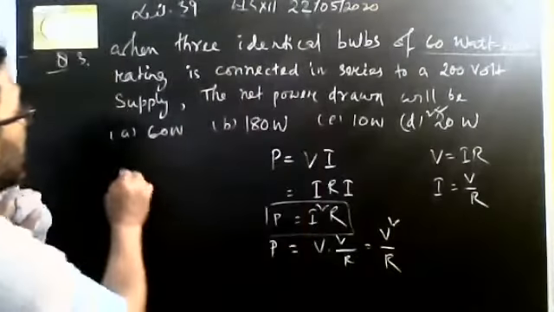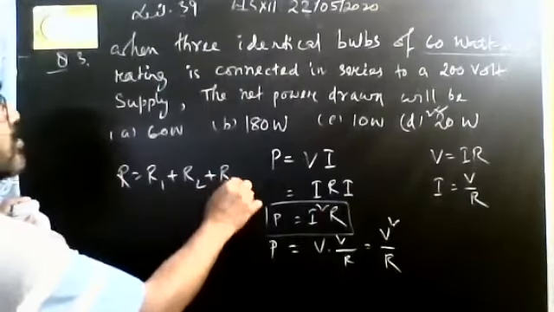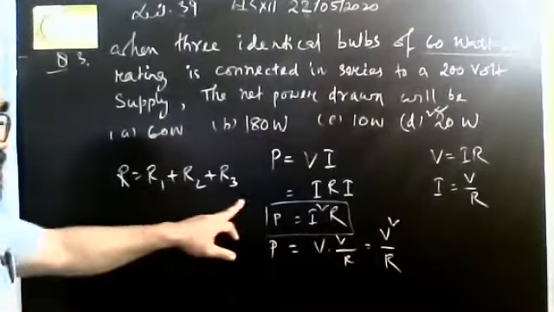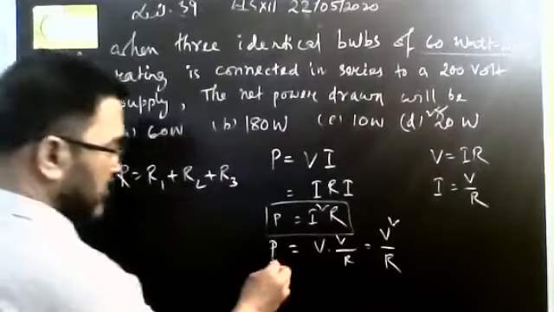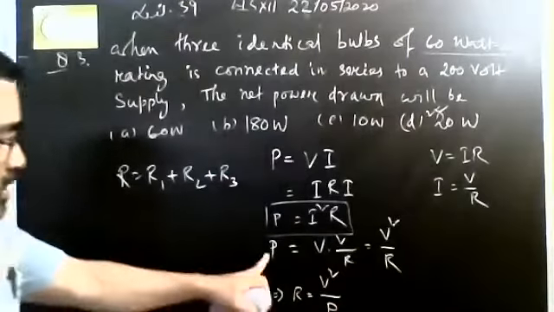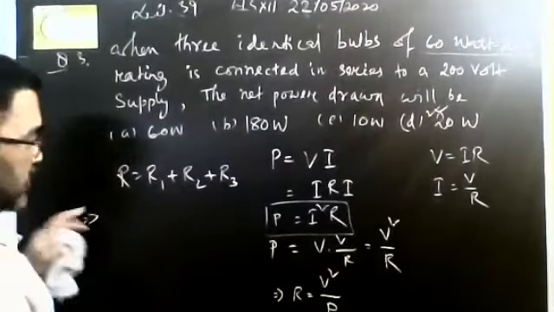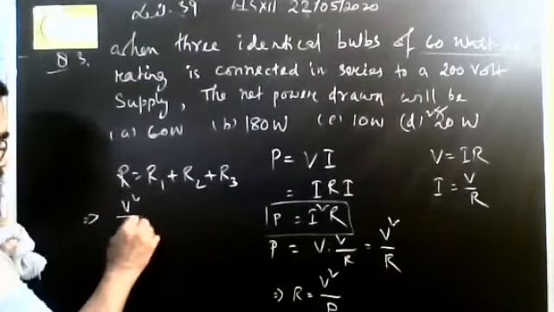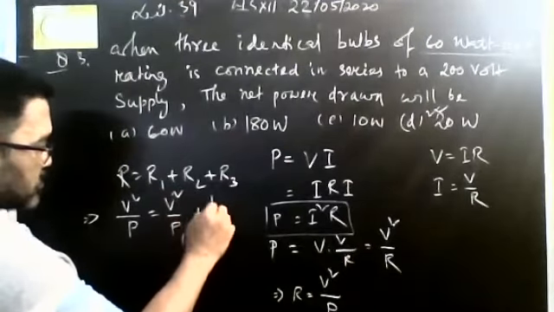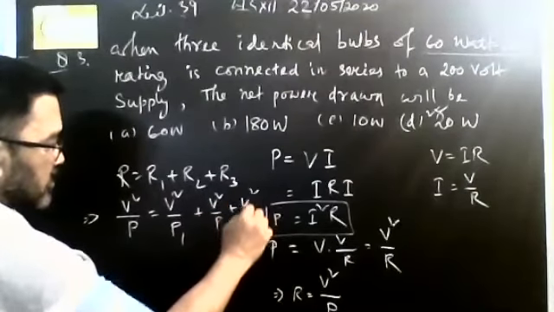So in this case, R is equal to R1 plus R2 plus R3, because all the bulbs are connected in series, right? They have some resistance. From this equation, you have R is equal to V square by P. So in place of R, you can write V square by P1 plus V square by P2 plus V square by P3.